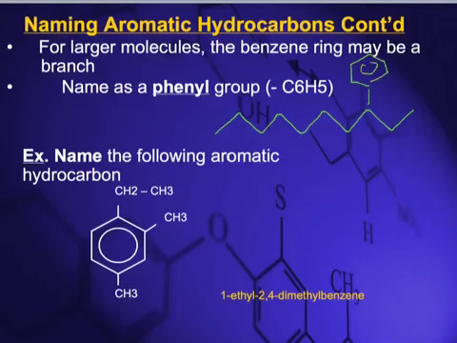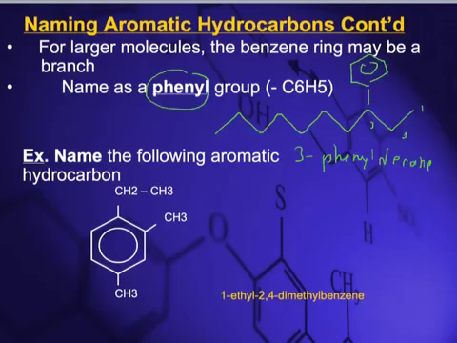Instead of naming the 10 carbon chain as a branch of the benzene ring, we're going to name the benzene ring as a branch of the 10 carbon chain. When benzene ring is a branch, we're going to call a phenyl group. So therefore, this compound, we're going to call it a, what is it, 1, 2, 3. So this would be 3-phenyldecane.